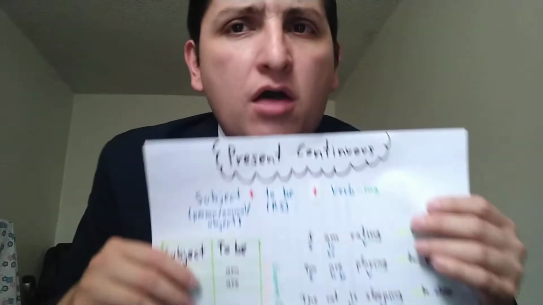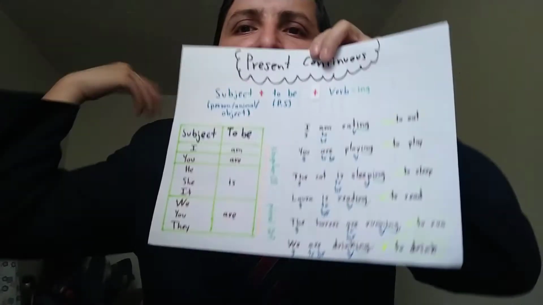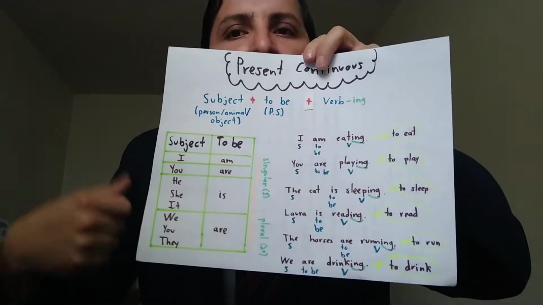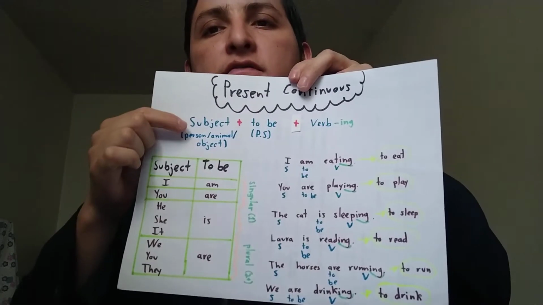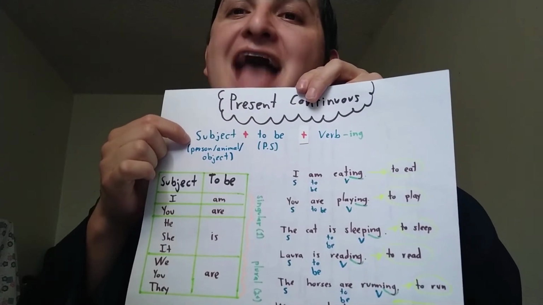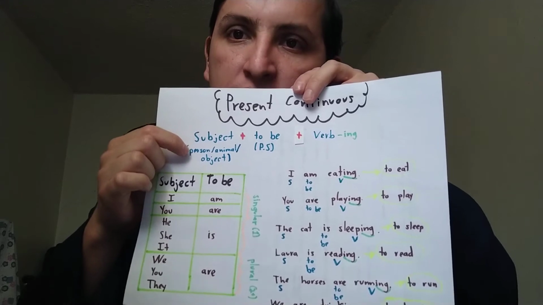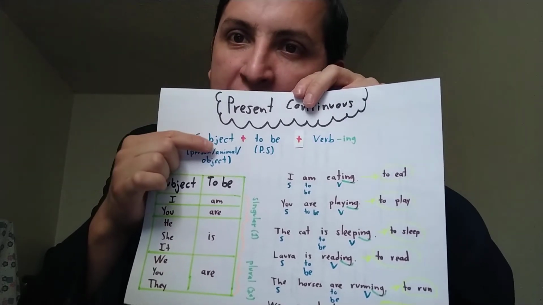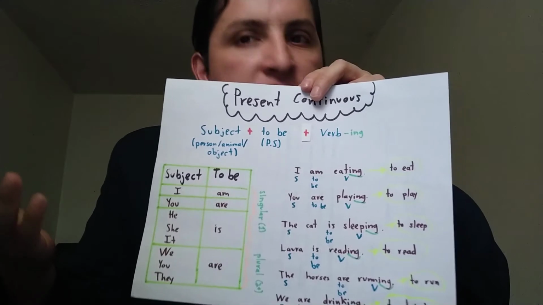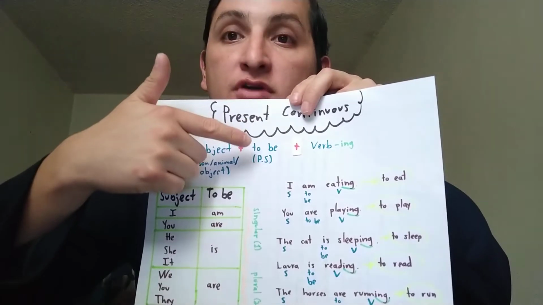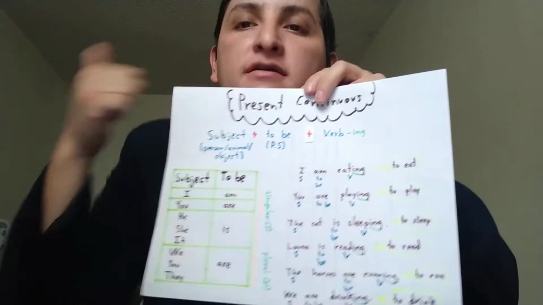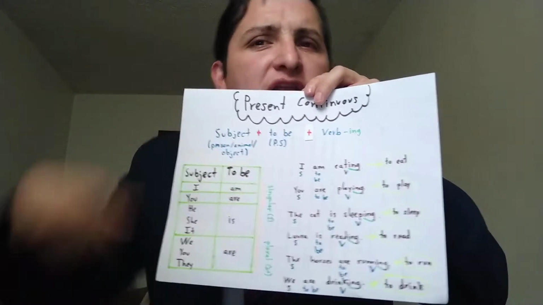Now, let's go on and we have to understand, well, teacher, okay, I already identified the difference, but how can I do it? Well, in fact, it's not that complicated. You just have to follow a simple formula that I have right here for you. First, you have to have a subject. A subject can be a person, an animal, or an object. It depends on what you're talking about. You have to use the verb to be. We already saw the verb to be a long time ago.